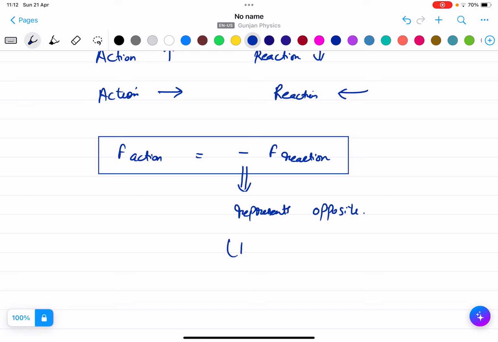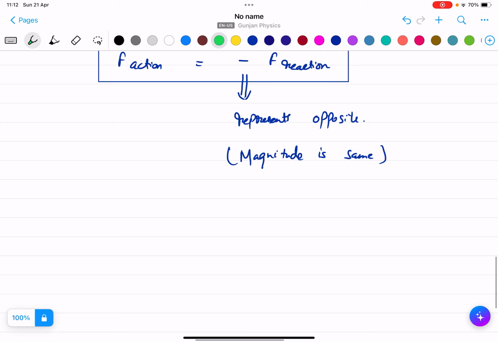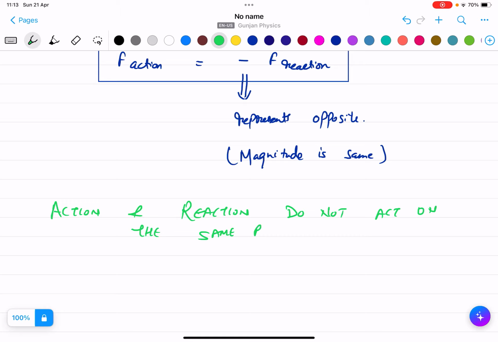But the magnitude is the same. And always remember, action and reaction do not act on the same body. It's always different.